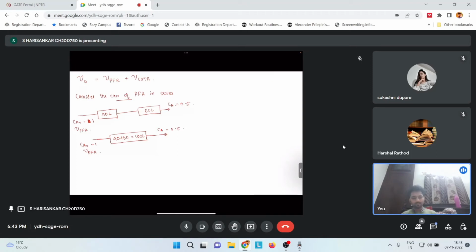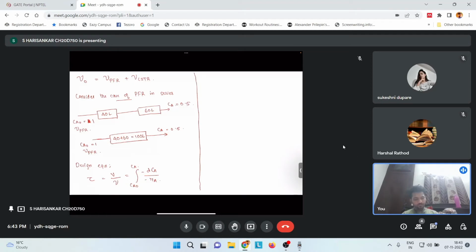Now if we write the design equation for PFR, it will be tau, which is V by nu, and that is equal to the integral of minus dCA by minus RA from Ca0 to Ca. Let us substitute all our values here.